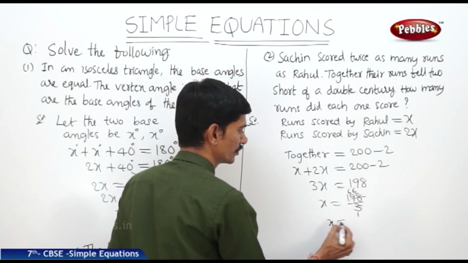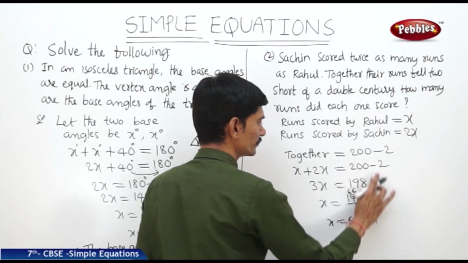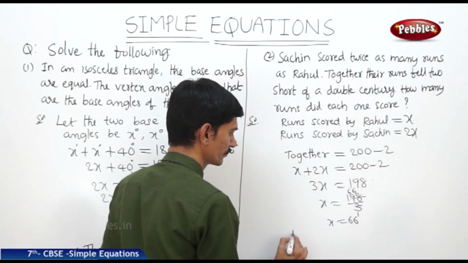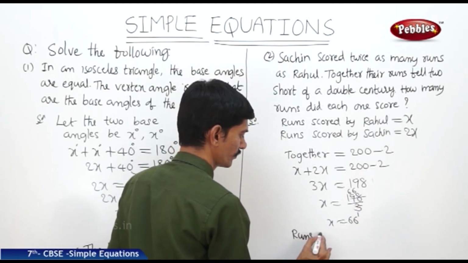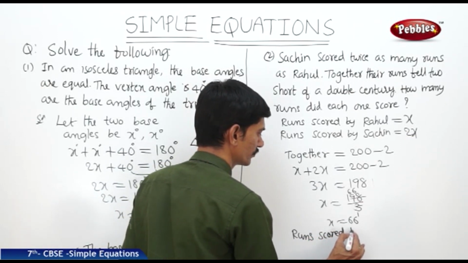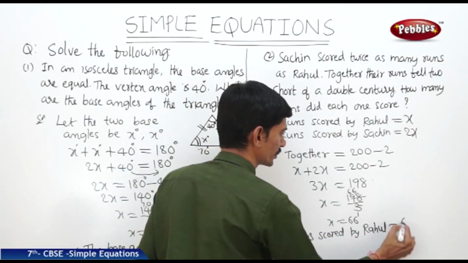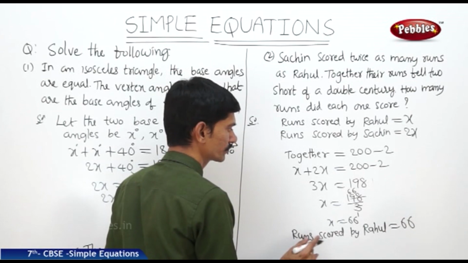X equals 66. X means runs scored by Rahul. Runs scored by Rahul equals 66. Then how many runs scored by Sachin?